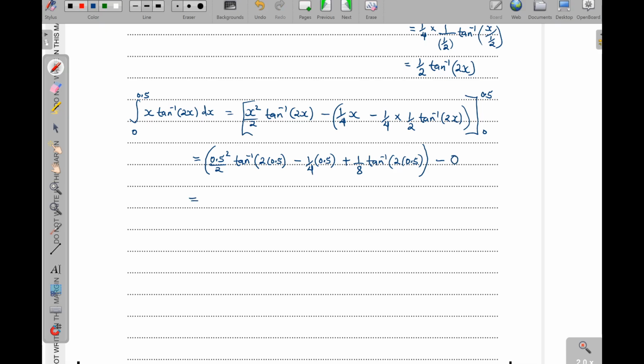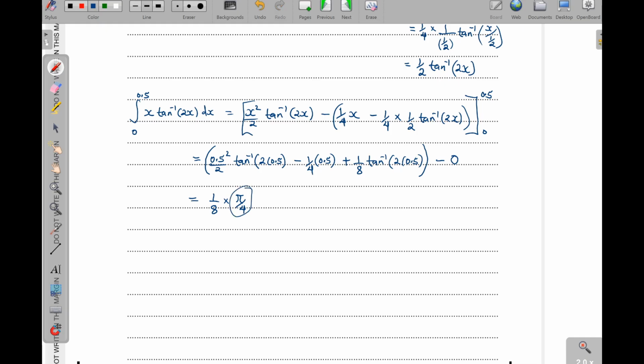Now, 0.5 squared, that is a quarter, then divide by 2, that will be 1 over 8. Also, that will be 1 over 8. And then arctan of 1, that will be pi over 4. So when you write pi, actually here you write your answer in radians. Don't write 45 degrees.